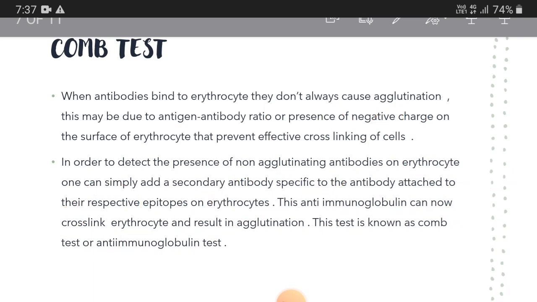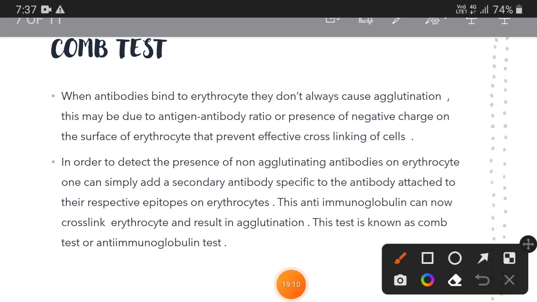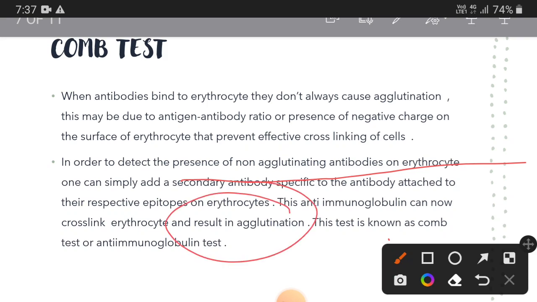The Coombs test is nothing but the addition of another anti-immunoglobulin, another antibody specific for the primary antibody that is in interaction with the respective epitopes of the erythrocyte. This anti-immunoglobulin is usually used to detect the non-agglutinating antibodies on the erythrocyte, but they not only detect the non-agglutinating antibodies, they also cross-link them and facilitate the agglutination.